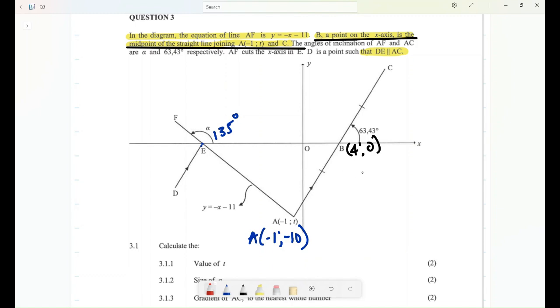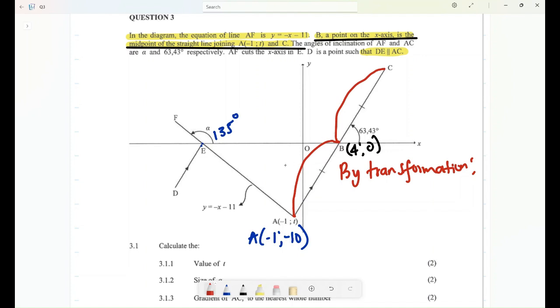By transformation, whatever the x coordinate of A moved to reach the x coordinate of B, is going to be the exact units the x coordinate of B moves to the x coordinate of C. The x coordinate of A was -1 to 4.